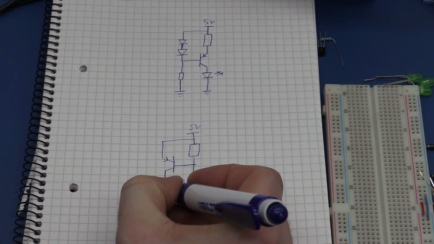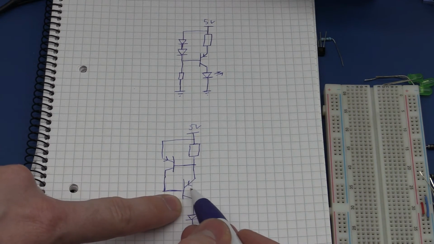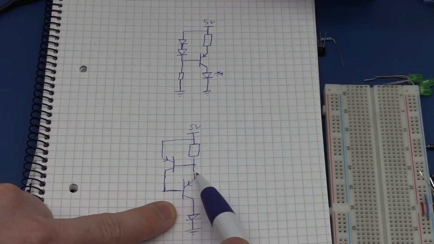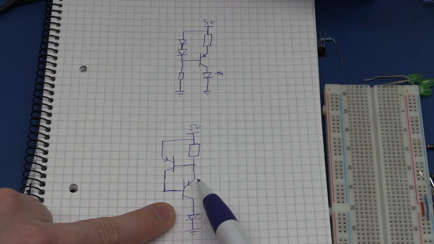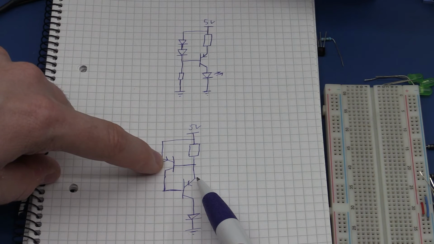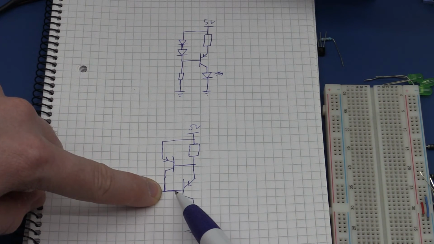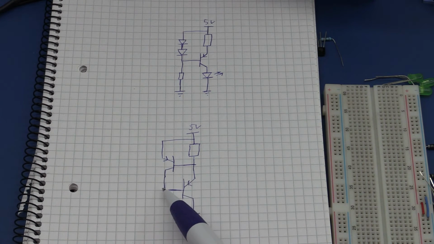If we connect it up to this transistor, it will try to block this. So remember, the PNP, the current flows from the emitter to the base, but it can only do that if the base is 0.7 volts lower than the emitter. And if this transistor up here tries to turn on, it puts more voltage here and it turns off this transistor, which in turn turns off this transistor.